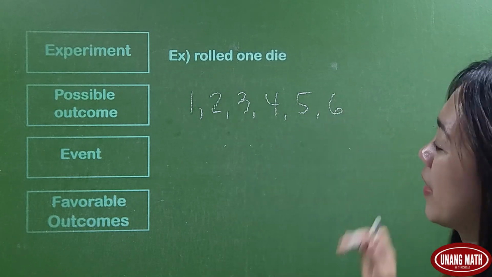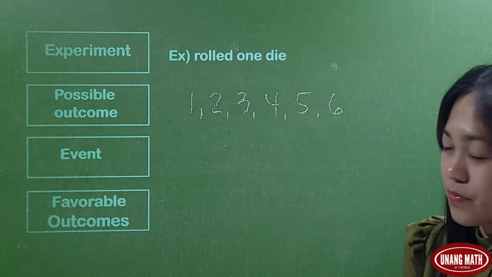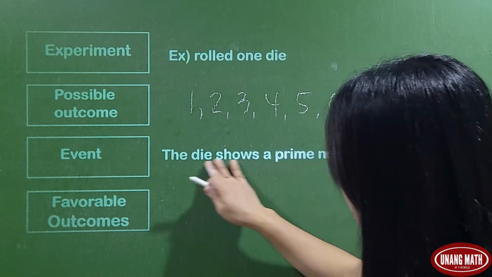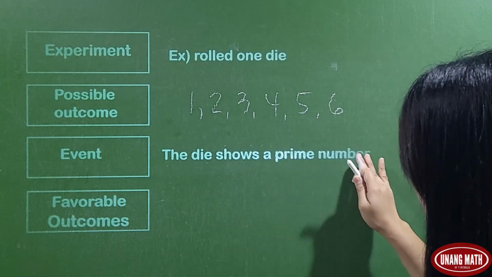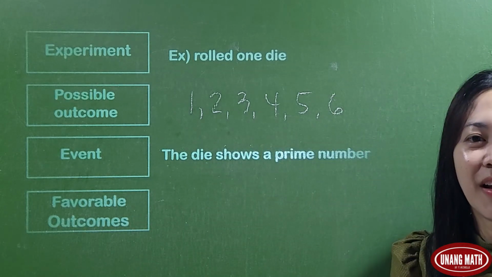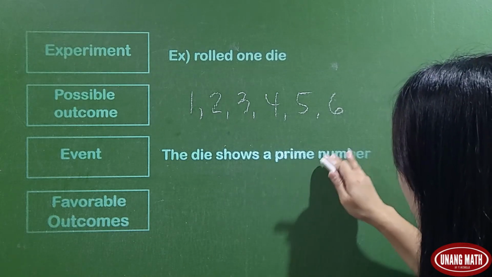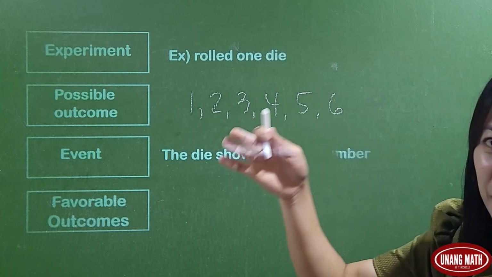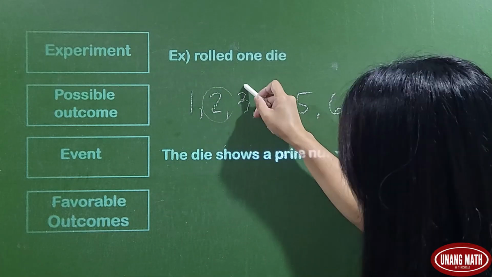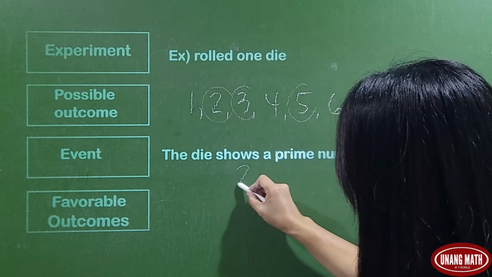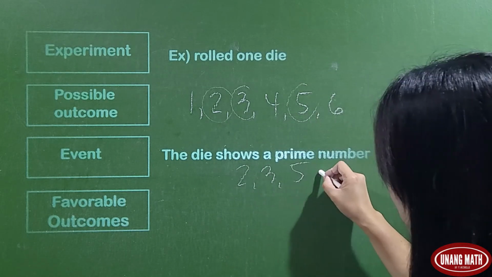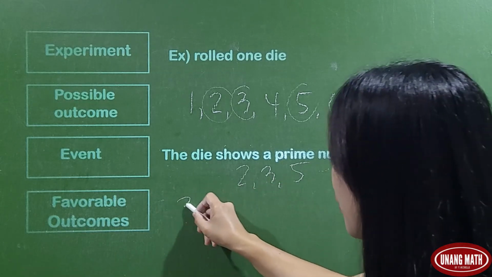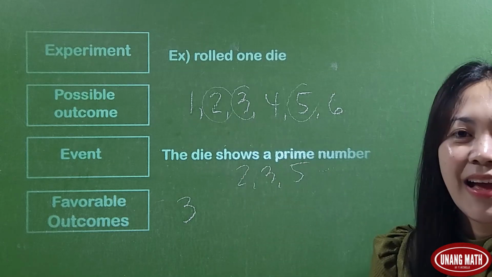Now, the event. Let's say the condition is the die shows a prime number. From these possible outcomes, what are the prime numbers? We have 2, 3, and 5. So we have 3 favorable outcomes.